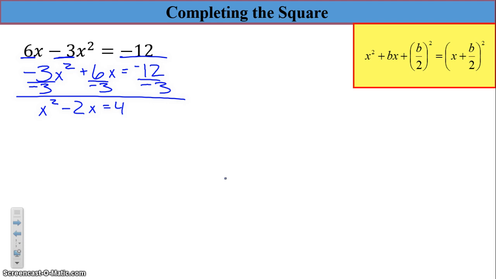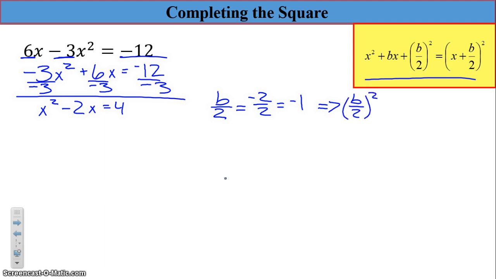So coming up to our equation on the right side, we need to find b over 2, which gives us negative 2 over 2, which equals negative 1. And therefore, b over 2 squared is 1. Negative 1 squared is 1.